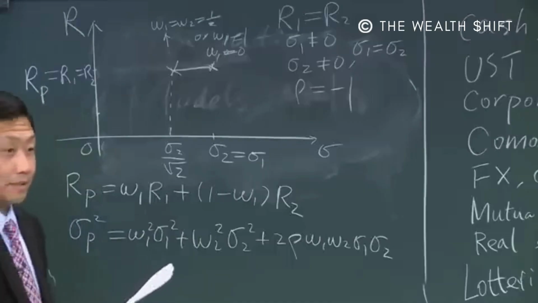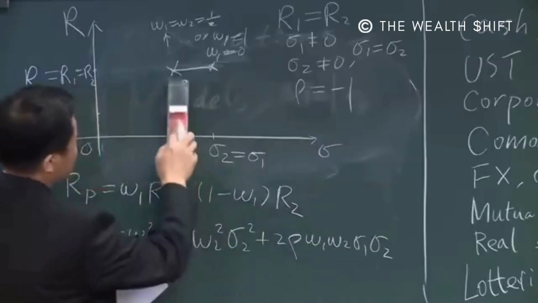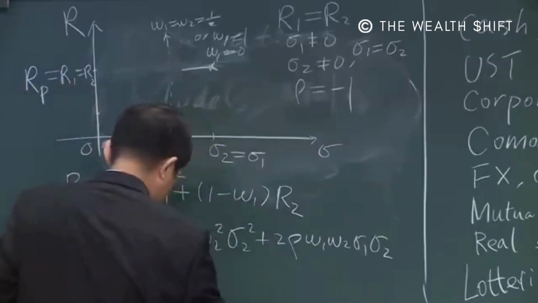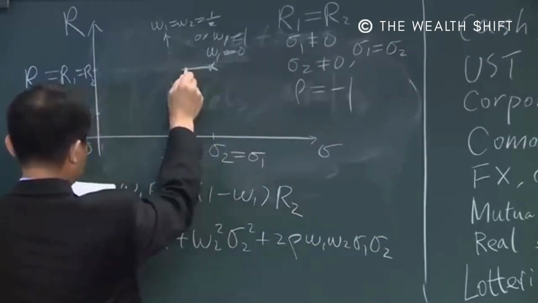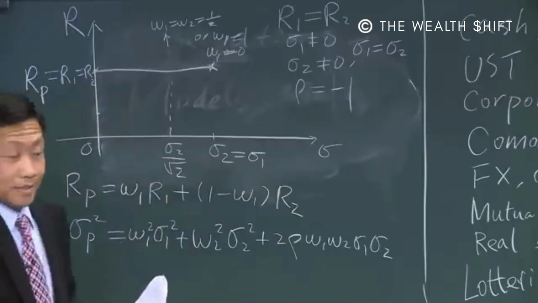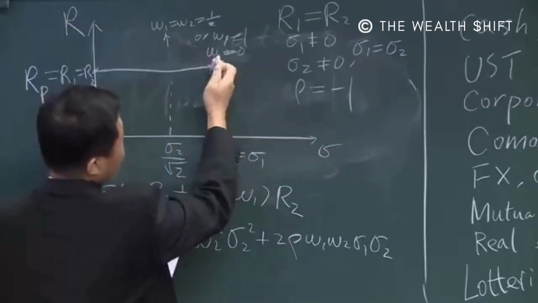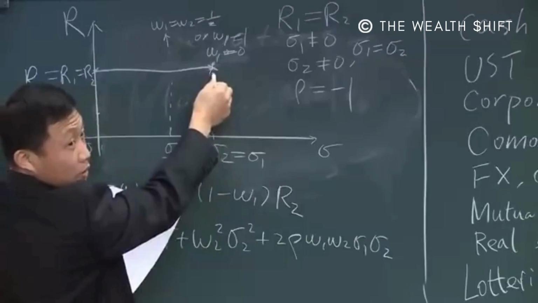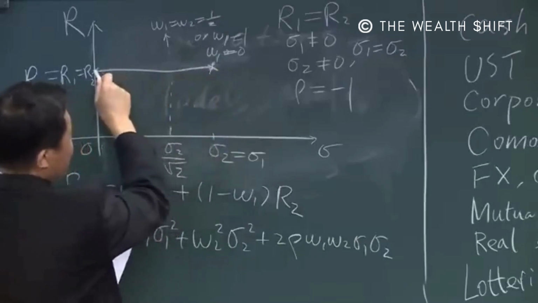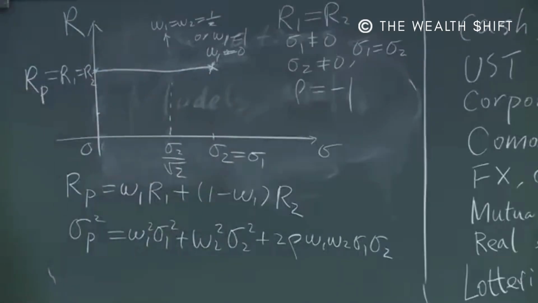What does this line look like? If you weight everything to one side, you're still going to get this point. But if you weight half and half, you can achieve basically zero variance. I think you learned that last time.